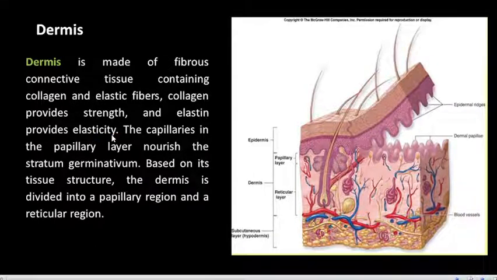Para kahit anong pressure ang ma-receive ng skin ninyo, it will contract and it will return to its normal state or original shape. Yan siya for elasticity. The capillaries in the papillary layer nourish the stratum germinativum.